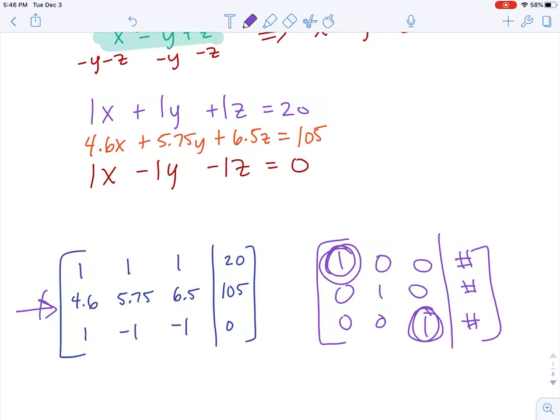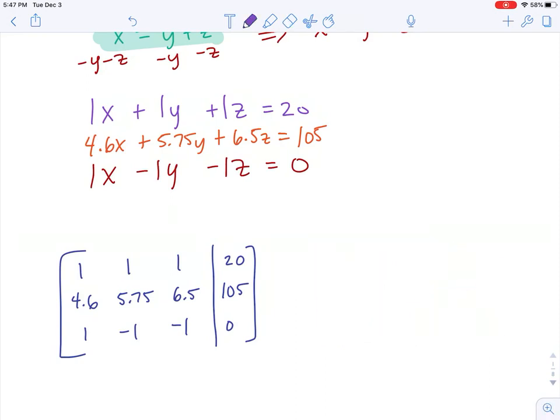However, if we switch row 1 and row 2, if we switch their positions, then I'll have a positive 1 here and a positive 1 here. So that will be the first operation that we perform on our matrix. I want to switch row 1 with row 2.